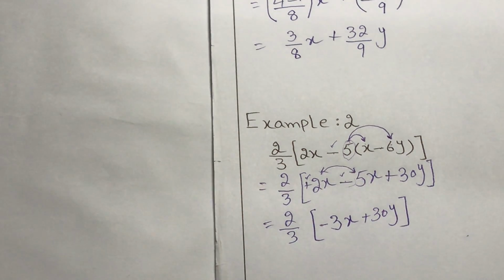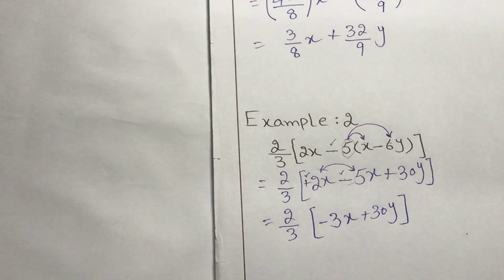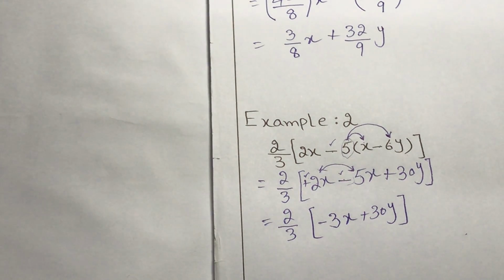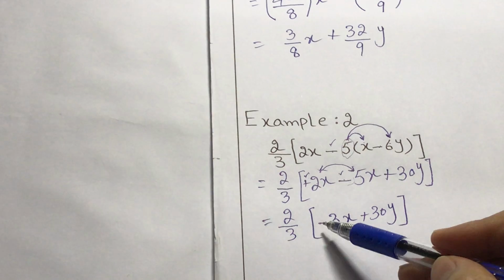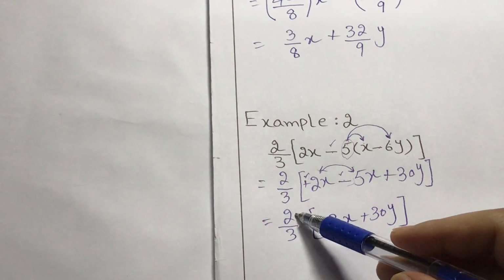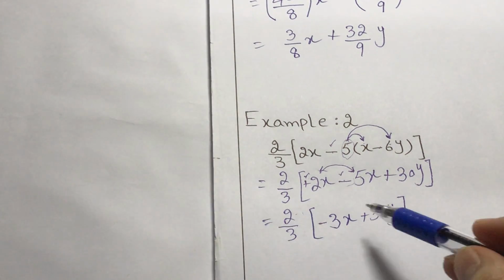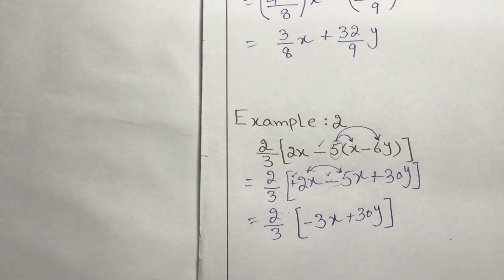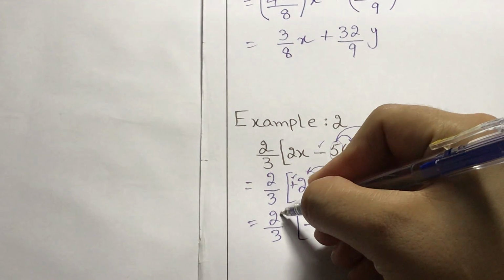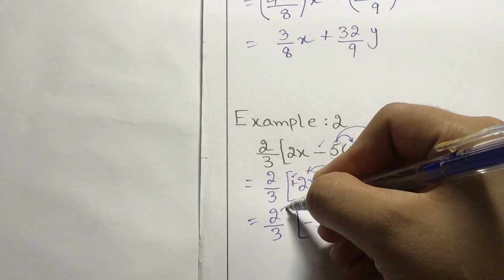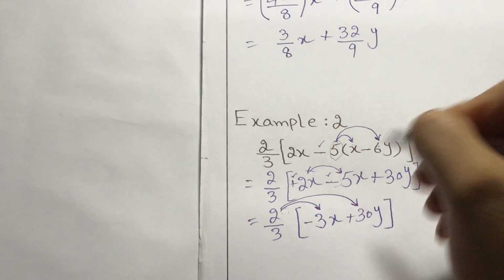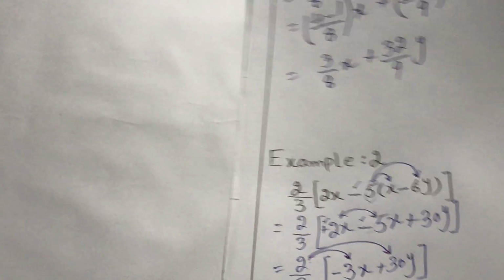Square bracket closed. Now I have told you before in the previous lessons that bracket means multiply. So 2 over 3 is the multiplier of both the terms inside the bracket. So you have to multiply this 2 over 3 with both the terms inside the bracket. So how will we write that?